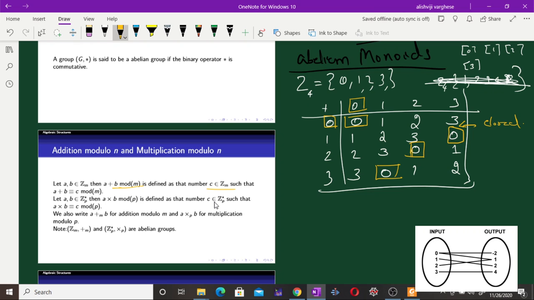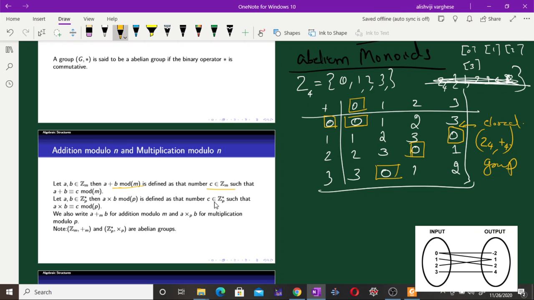So we have all four properties, and therefore Z4 together with addition modulo 4, this is the symbol, is a group. And if you observe the entries here, the table is symmetric about the main diagonal axis.